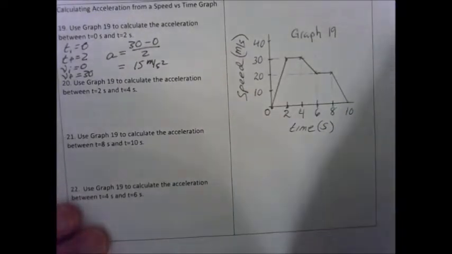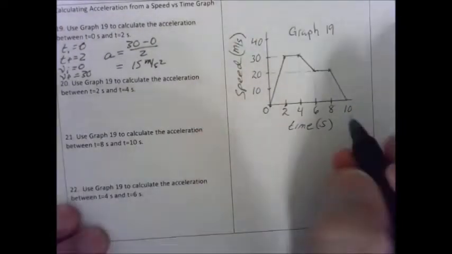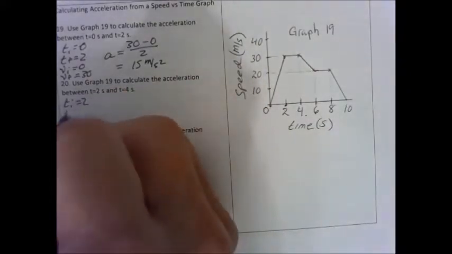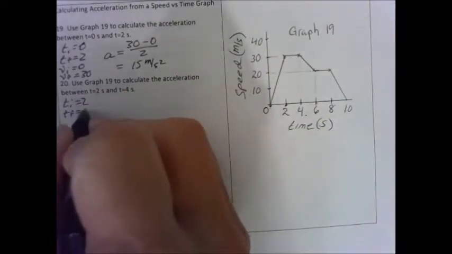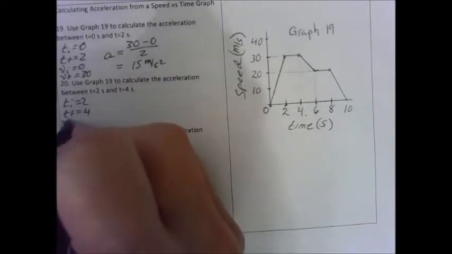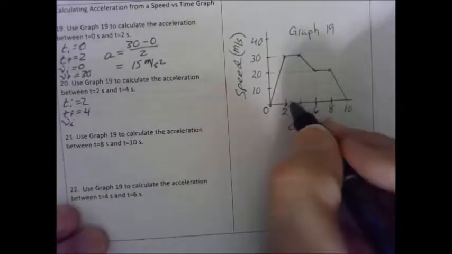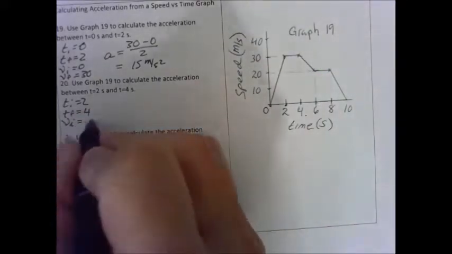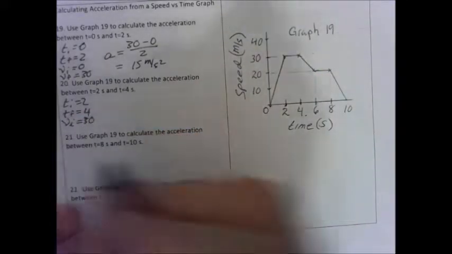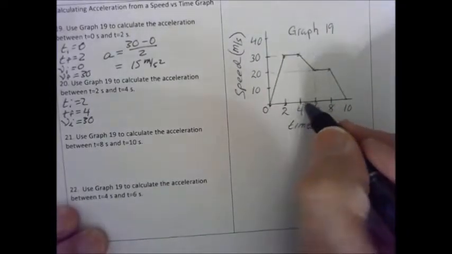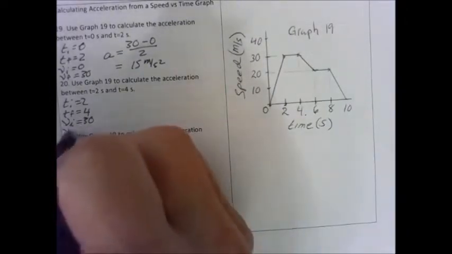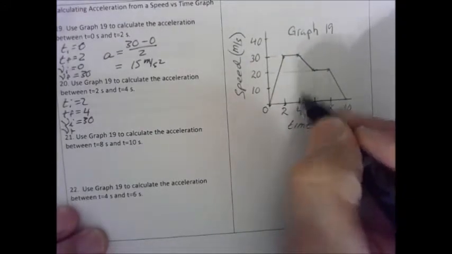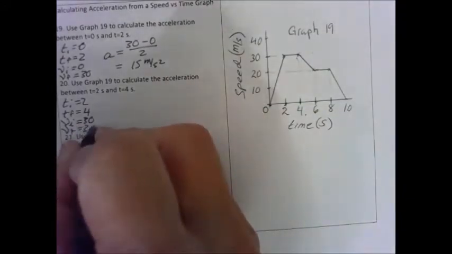Okay, now the second one, my interval is between 2 and 4. So my initial time is equal to 2, my final time is equal to 4. My initial velocity, I go to 2, and then I go up to find my velocity, so my initial velocity is equal to 30, and my final velocity, oh my gosh, at 4, it's also 30.